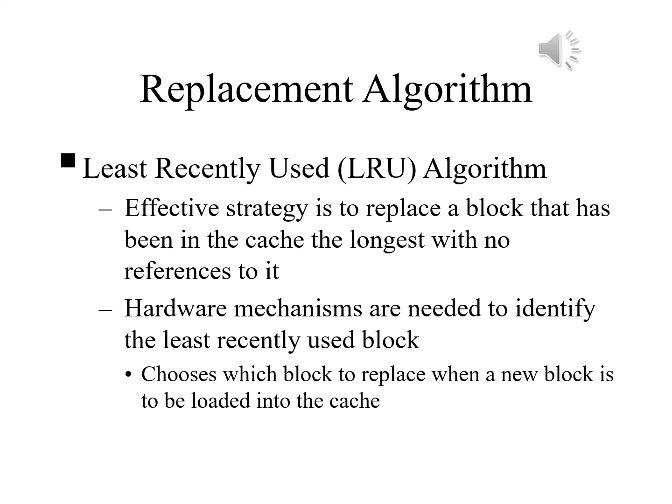Although it is impossible to identify such a block, a reasonably effective strategy is to replace the block that has been in the cache longest with no reference to it. This policy is referred to as the least recently used algorithm. Hardware mechanisms are needed to identify the least recently used block.